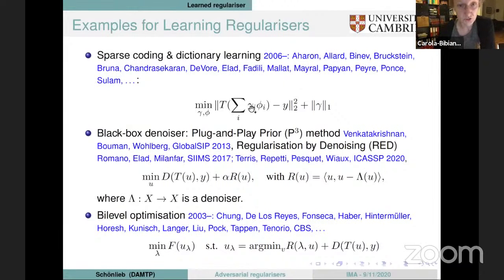So what these dictionary learning people are doing is they write down the solution to this minimization problem as a linear combination of basis elements phi_i with coefficients gamma_i, where they have a sparsity constraint on this gamma vector. Sparse reconstruction would just fix the phi's and then reconstruct, but here you're also learning the phi's. Okay, so this is dictionary learning.